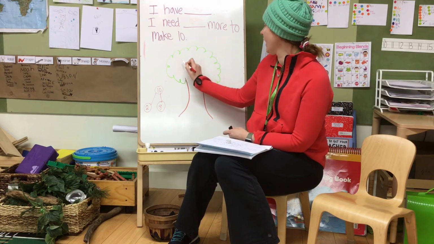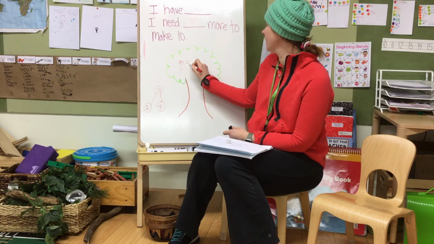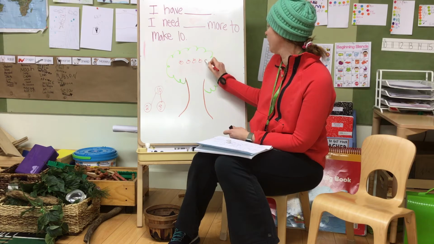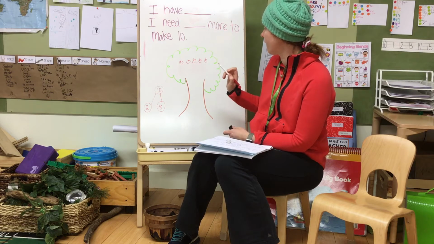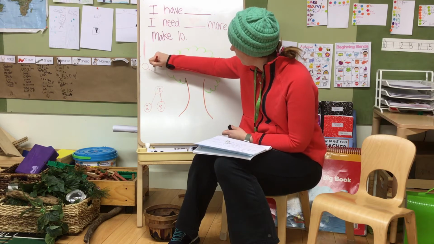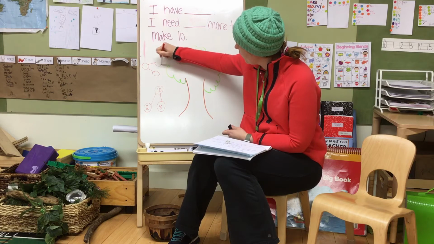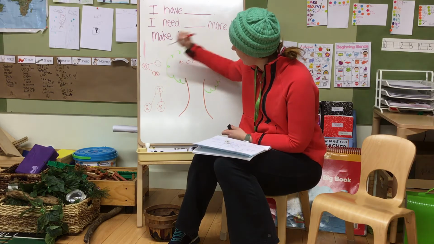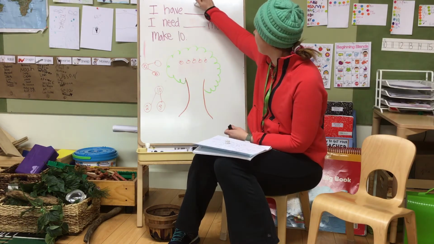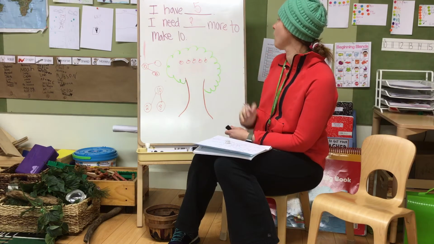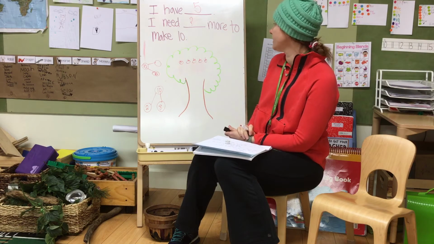So let me draw 5 apples on my tree. 1, 2, 3, 4, 5. I have 5. Now I can make a number bond for this one also. And again, go through the different strategies you have to figure out the last part. I have 5 apples. I need how many more, mystery number, to make 10?